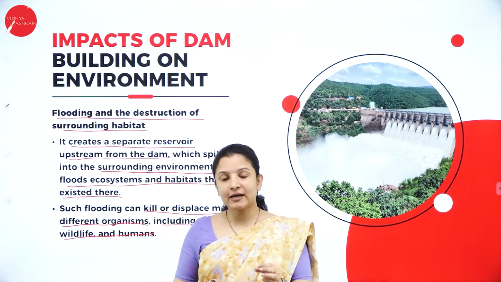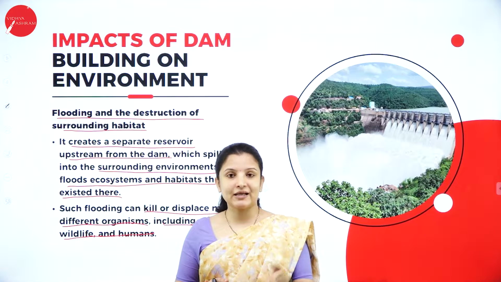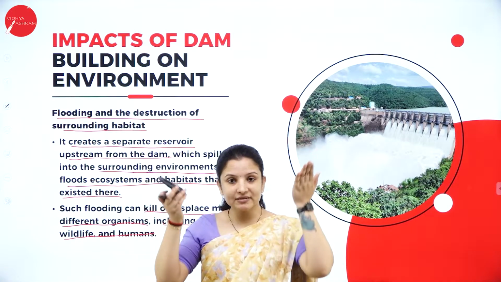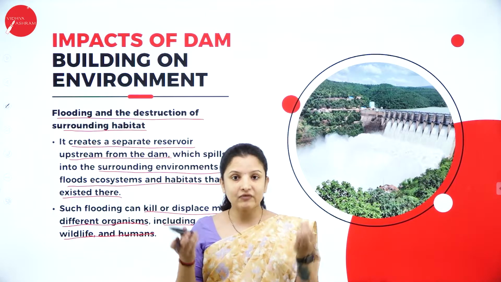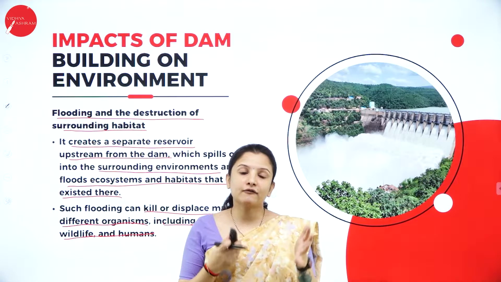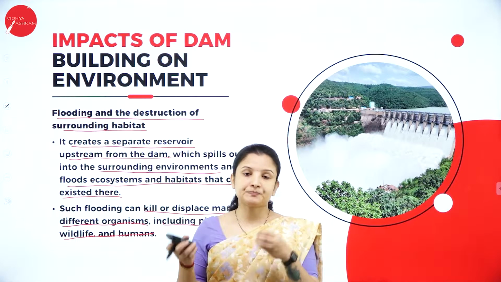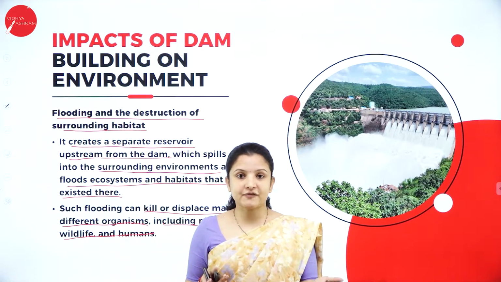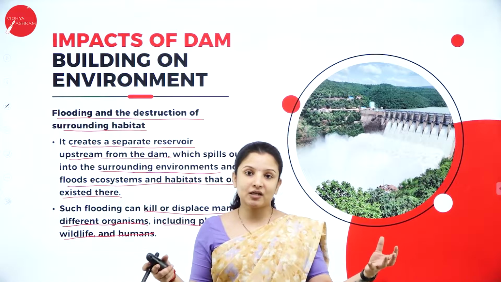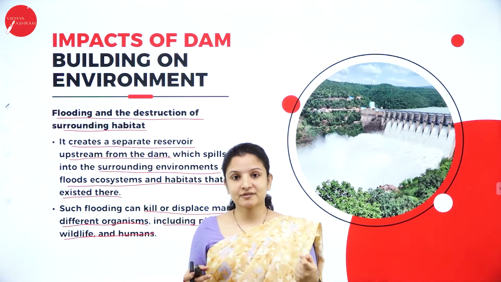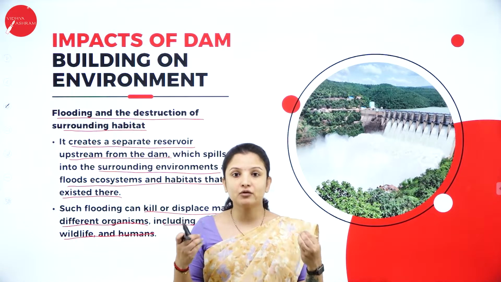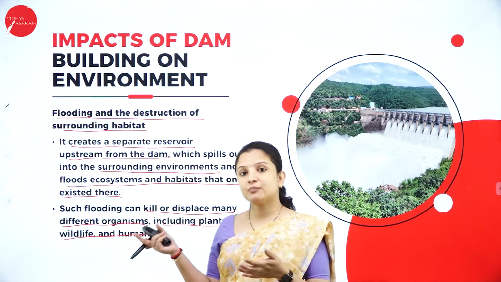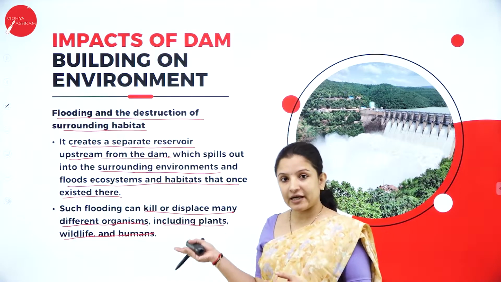But now, because the dam is built there, the free flow of the river is not there. Therefore, whenever there is a heavy downpour or heavy rainfall, the water cannot flow through the river freely. So sudden flooding that we call flash floods will get created, and within a span of seconds, the people will not even know that their lives are in danger. So therefore, it can pose a threat to human life as well.